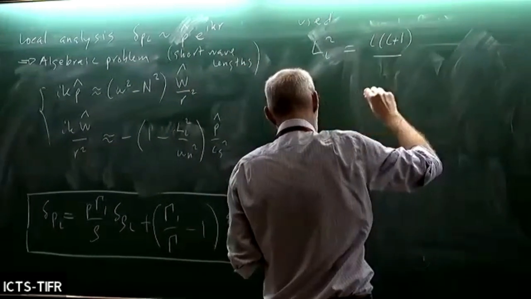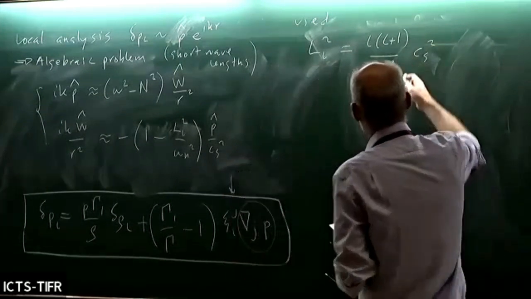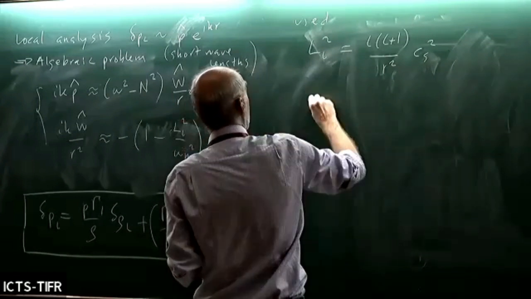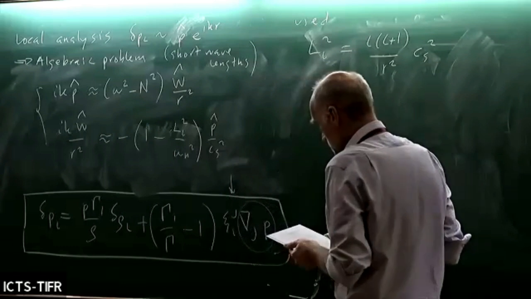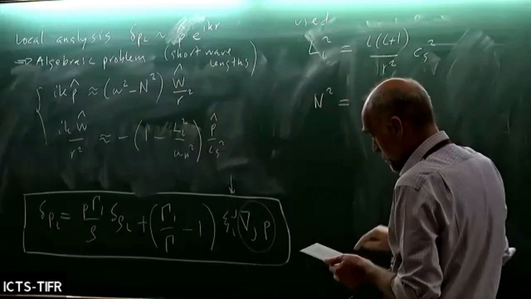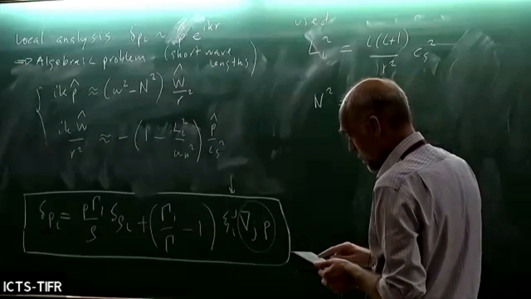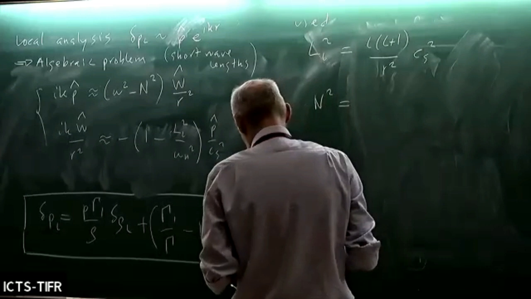And then there's some factor of r squared and sound speed squared. So something that depends on the sound speed sitting here. And then this N has that beautiful name of the Brunt-Väisälä frequency, which you're all going to be asked to spell in the final test, the ultimate test. It is defined somewhere here.